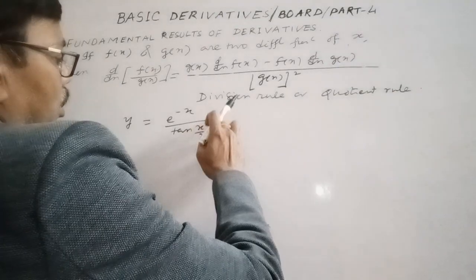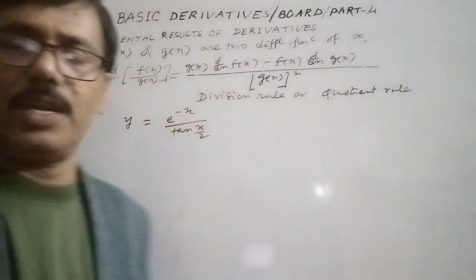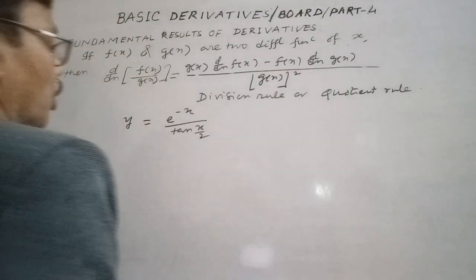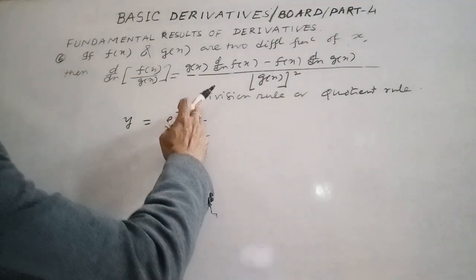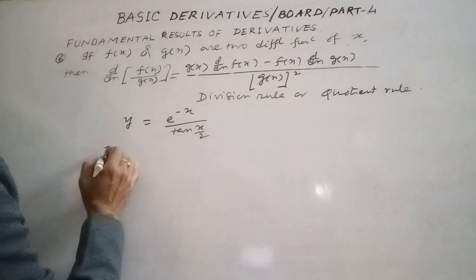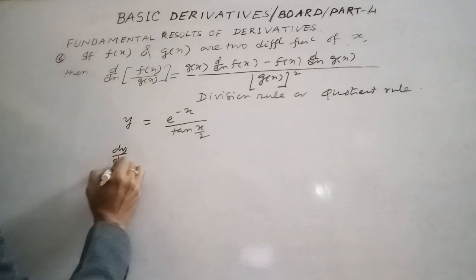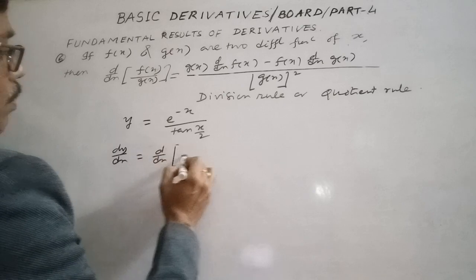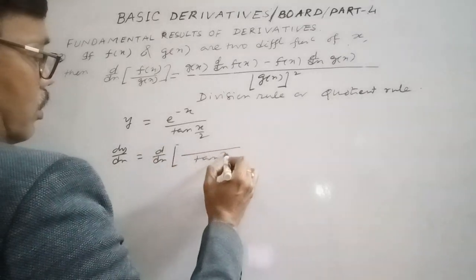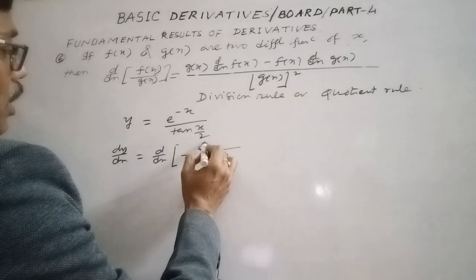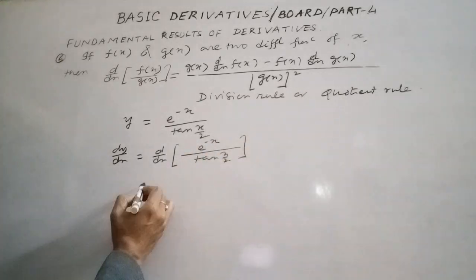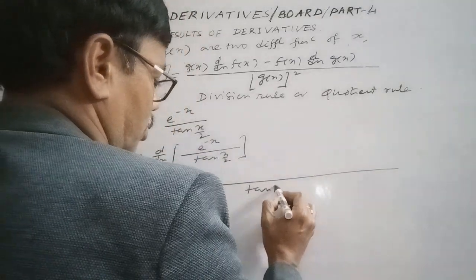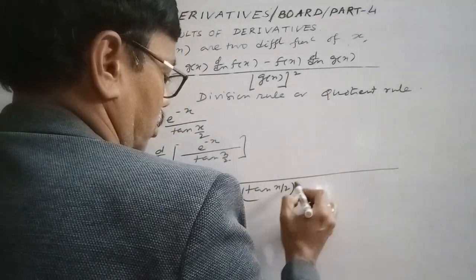We can write it also as cot x by 2 and use product rule, but if it is in this form, use quotient rule. So look, dy/dx equals derivative with respect to x, tan x by 2 e to the power minus x, so denominator whole square, tan x by 2 whole square.